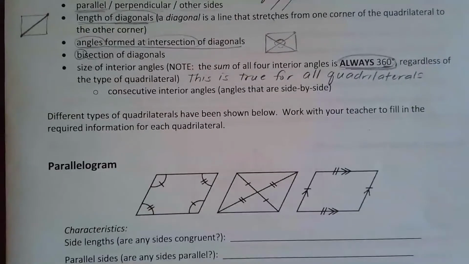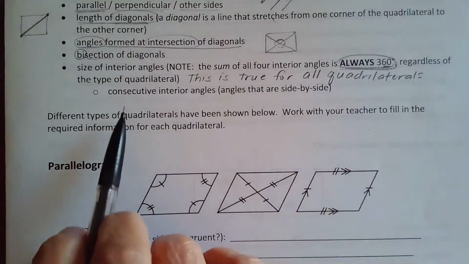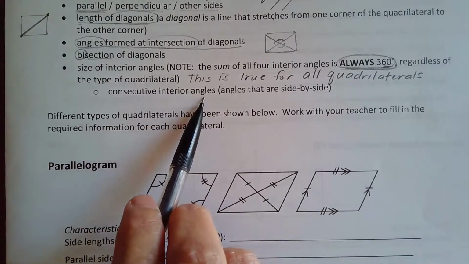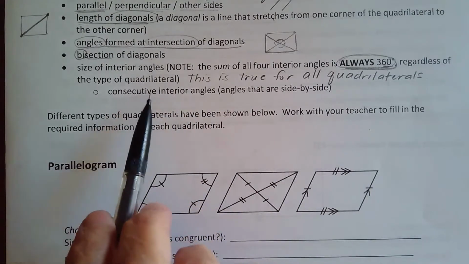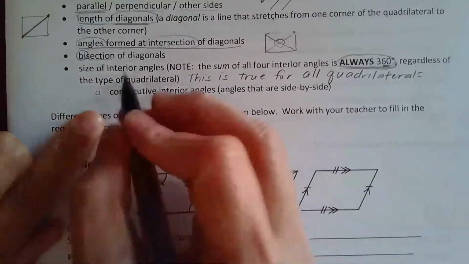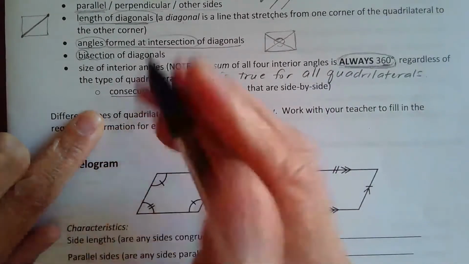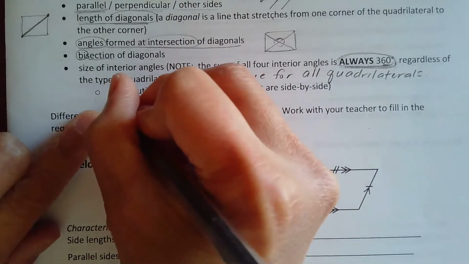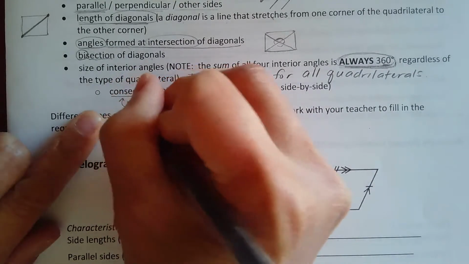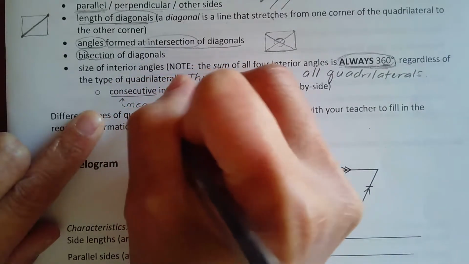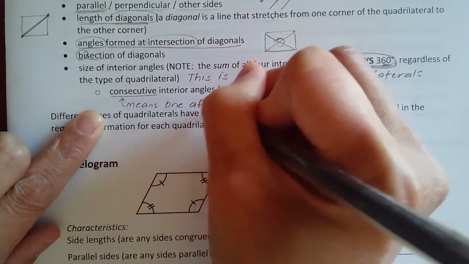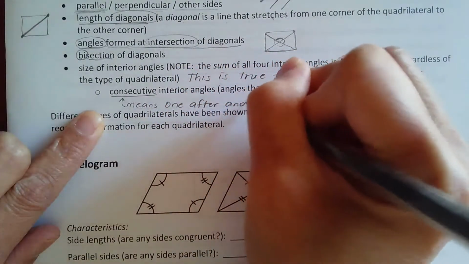Okay, so we talked about some of those things, and then the last bit in here, consecutive interior angle. Consecutive, let's break it down for a second here. The word consecutive means one after the other. Consecutive means one after another.